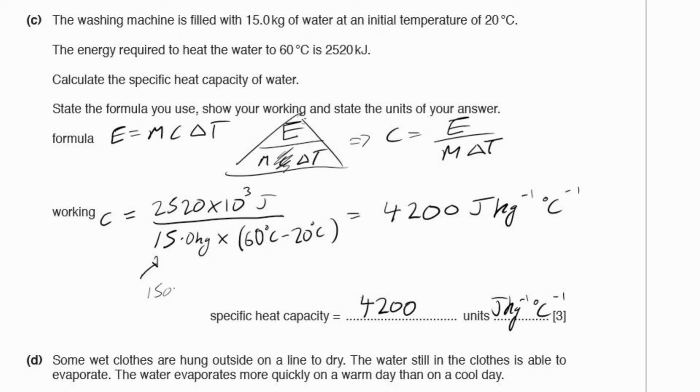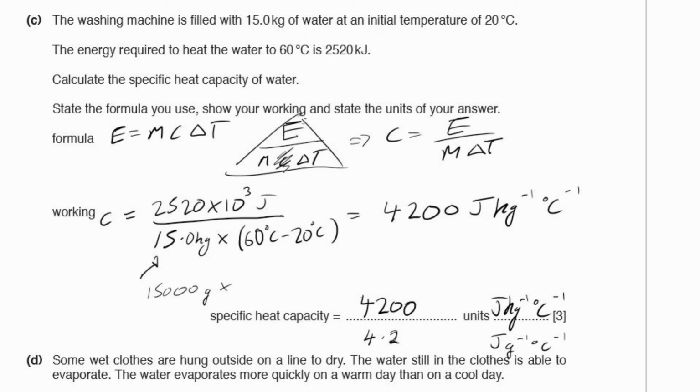That would be 15,000 grams multiplied by 40 degrees C, and that would give you an answer of 4.2, and the units then would be joules per gram per degree Celsius. There we go, two different things you could have for the units, both of them absolutely acceptable. And you could even put in degrees Kelvin, but I'm just going with degrees Celsius because they've been very clear in the question that that's there.